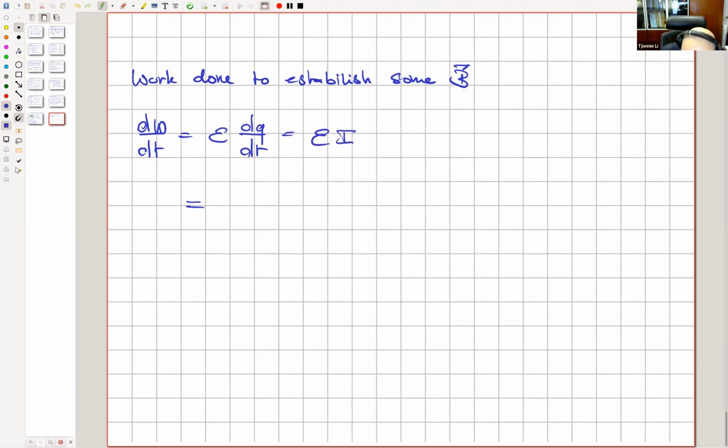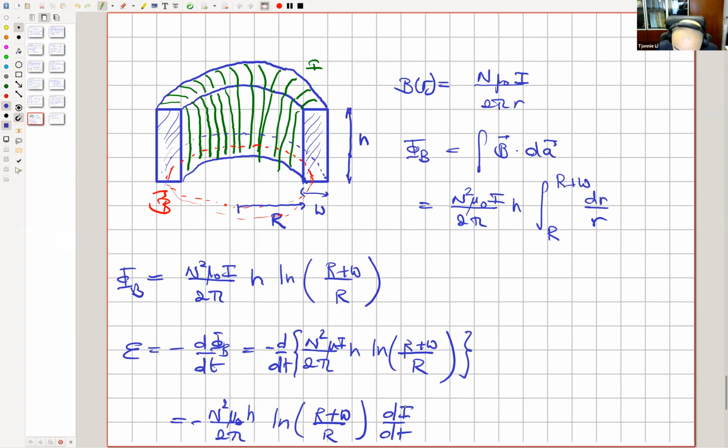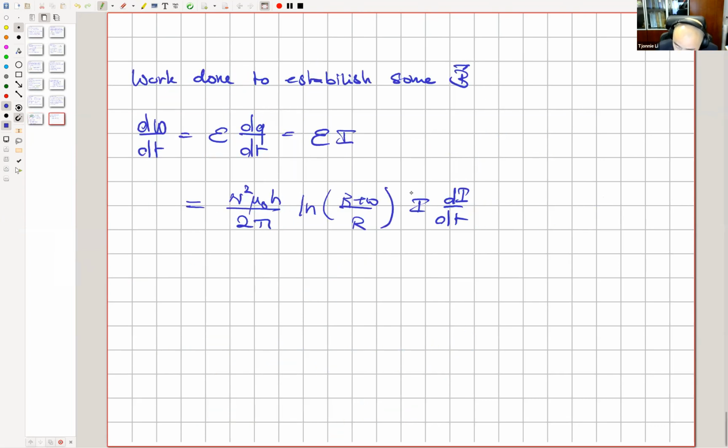So here we've got N squared mu naught H over 2 pi, the natural log of R plus W over R, times I dI dt, because that's the dI dt that we've got here. We multiply by I to get the rate of work over time.